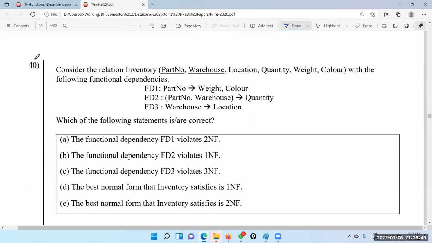Consider the relation inventory with part number, warehouse, location, quantity, weight, color with the following dependencies. Which of the following statements are correct?